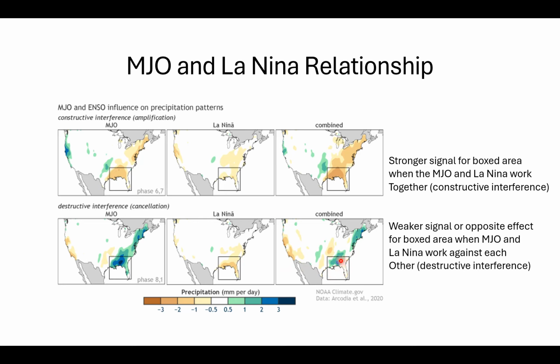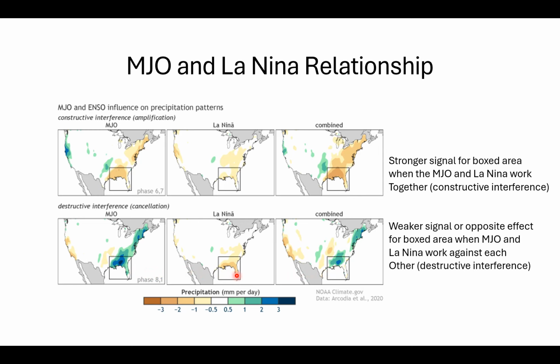You're still getting wetter than normal conditions, because the MJO is overpowering the effects of La Nina in this case. Perhaps it's in stronger phases. MJO phases 8 and 1 are going to overpower the typical drier than normal winter weather you'd get with La Nina in this boxed area, and now it's actually wetter than normal. So a weaker signal or an opposite effect, when you have MJO and La Nina working against each other, is known as destructive interference or wave cancellation.